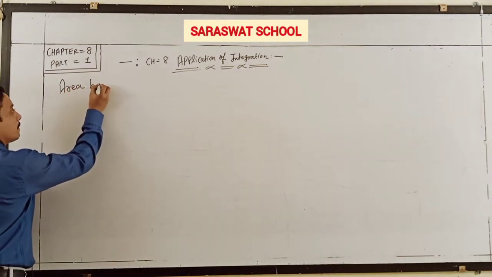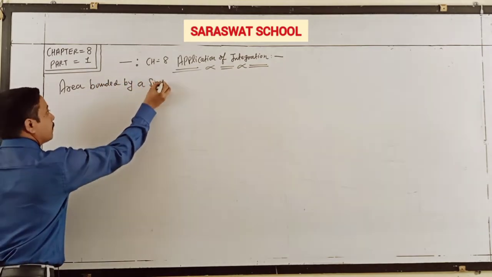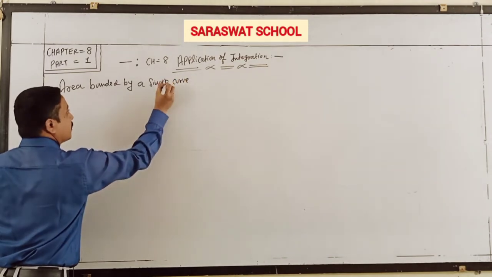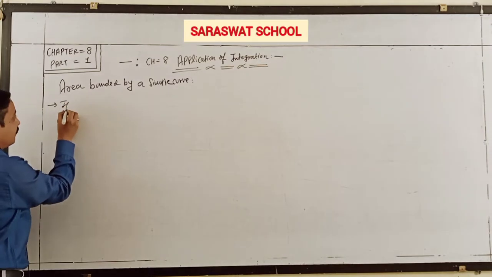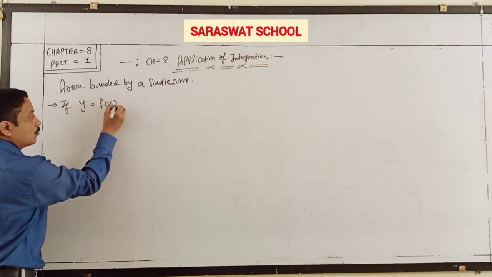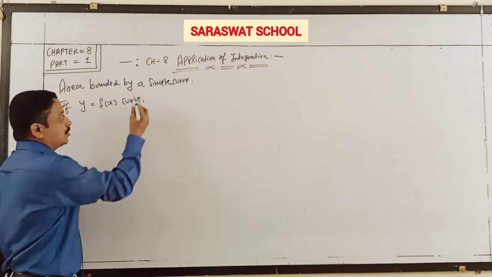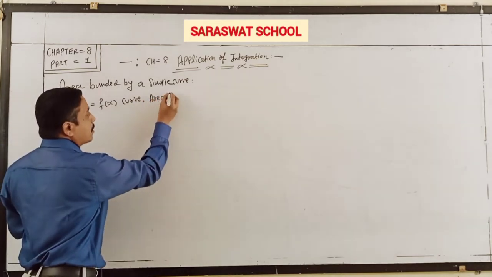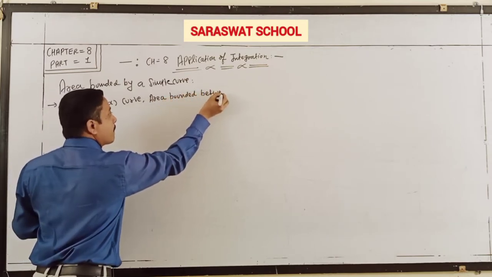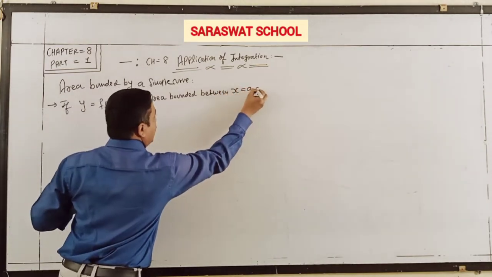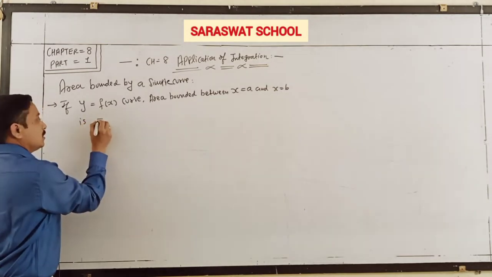Area bounded by a simple curve. Yes, simple curve. There are two methods. One, if y is equal to f(x) curve, the area bounded between x is equal to a and x is equal to b is an integration.